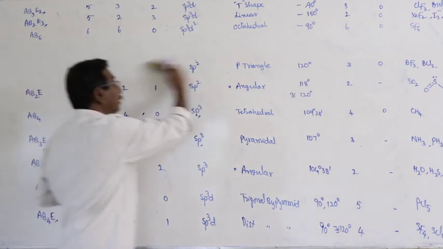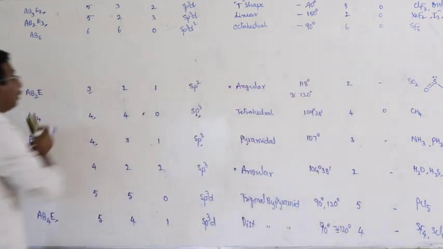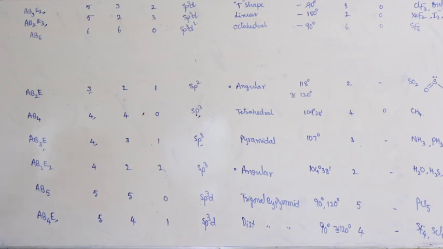And if you prepare the table like this on your own, then you can improve your knowledge and your memory also. Next, AB5E.